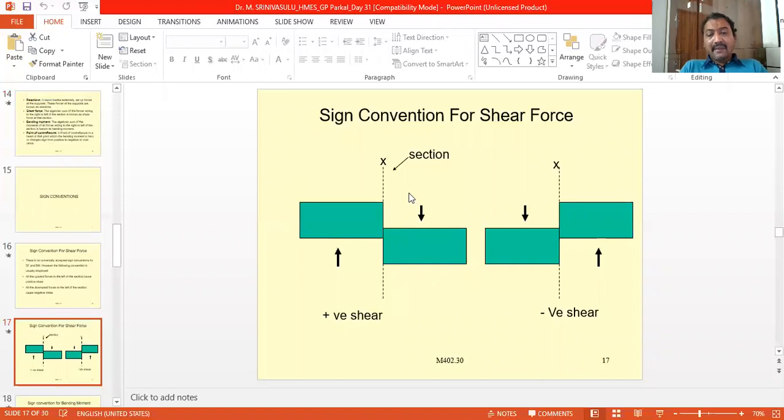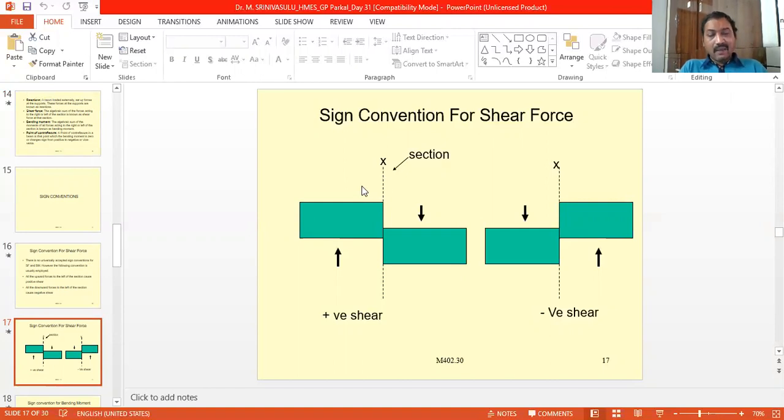Algebraic sum means some forces will be positive and some forces will be negative. Which force is positive and which is negative, how to select the sign convention, we will discuss next. It is very important to note that we have to consider only either the right of the section or the left.